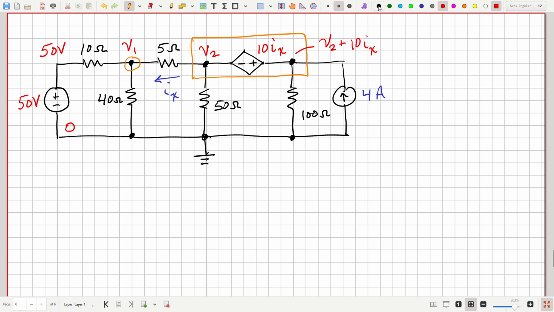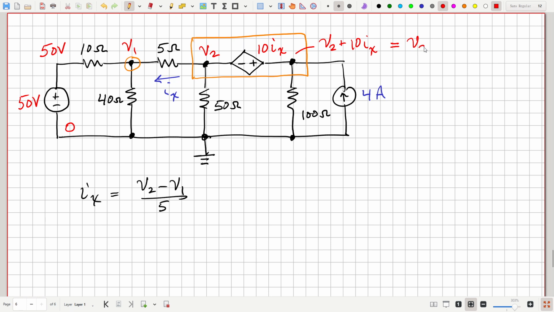All right, but what is Ix? We look over here. Let's solve: Ix is equal to V2 minus V1 over 5. V2 minus V1 over 5, that's Ix. So we put that into this, and what do we get?